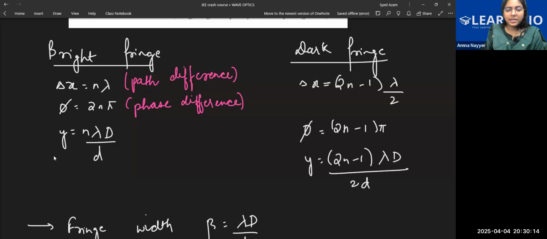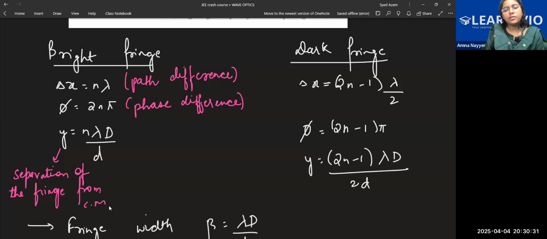Y is the separation of the fringe from the central maximum. CM means the central maximum. And what is this capital D?